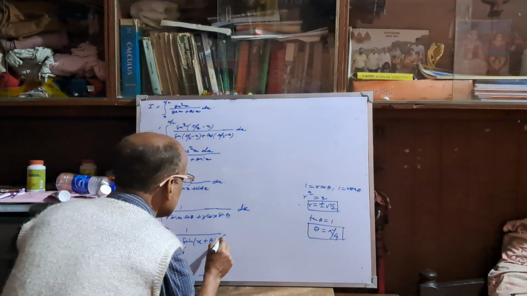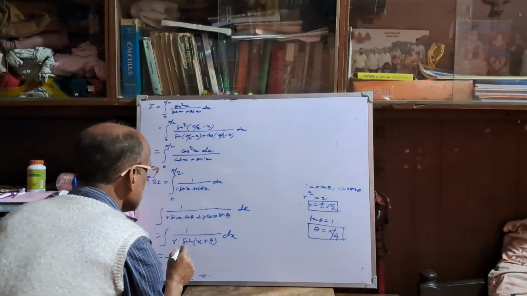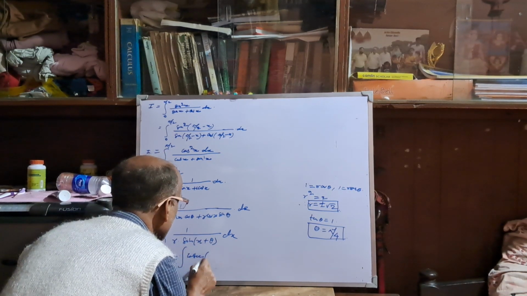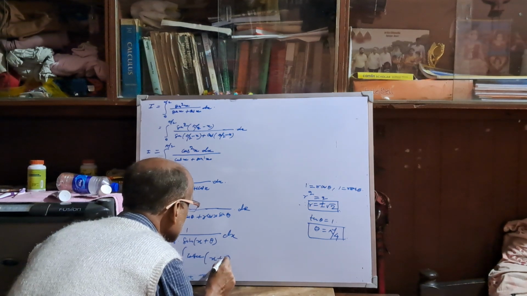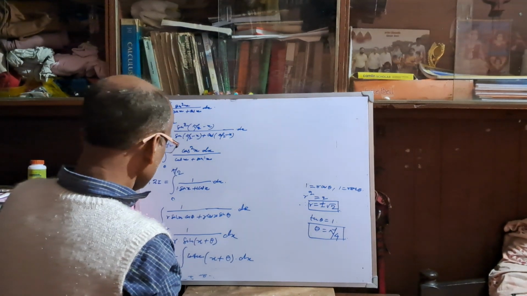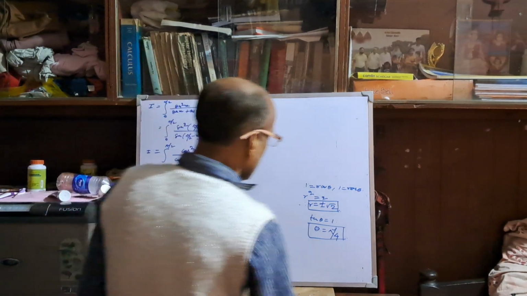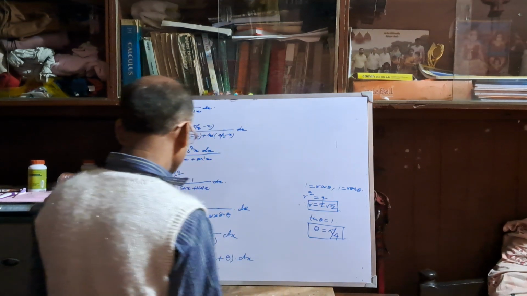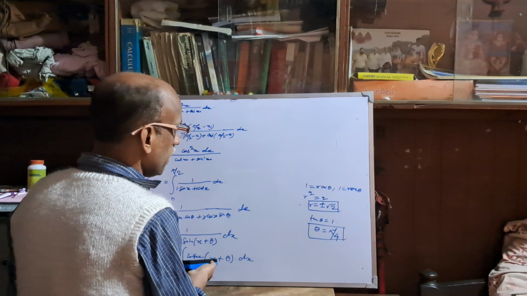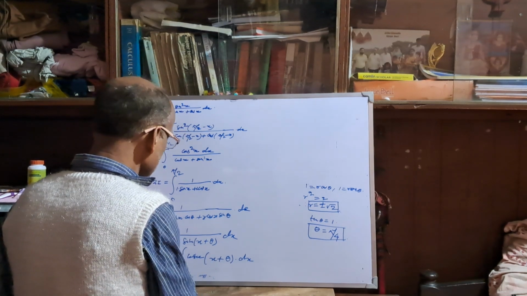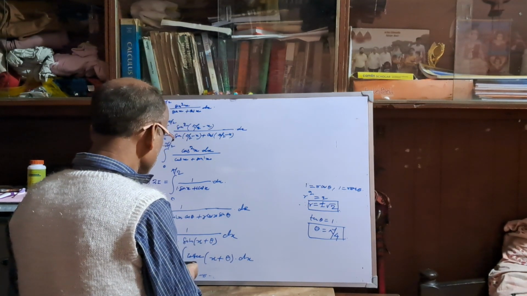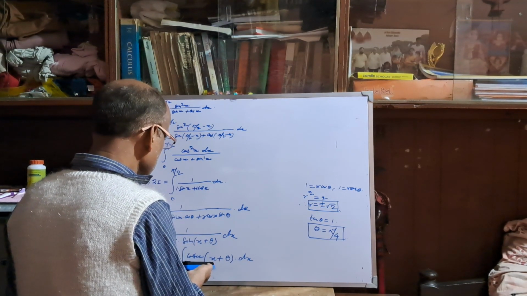I can do this because this is cosec (x plus theta), and that will be dx. So 1 by root 2 cosec (x plus theta) dx. The value of r I have given, and theta is pi by 4.